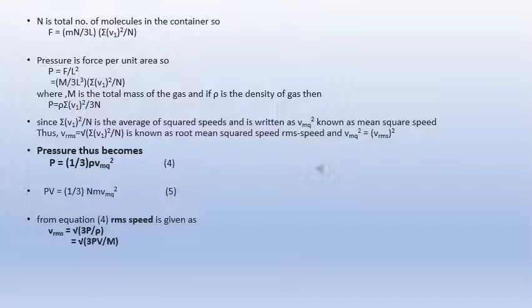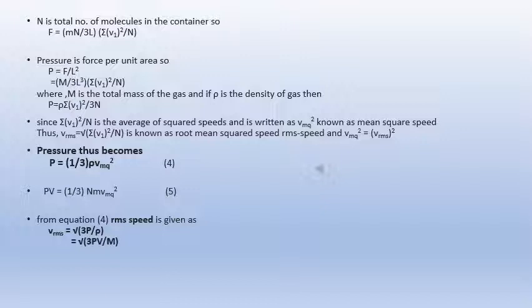Now, if you come to the equation lower down, we have P, where m is the total mass of the gas and rho is the density of the gas. Then substituting its value in the equation, we get P as rho summation V1 square upon 3n.